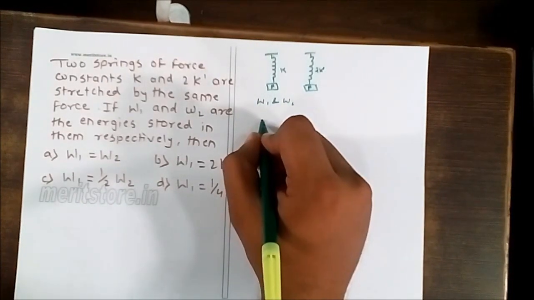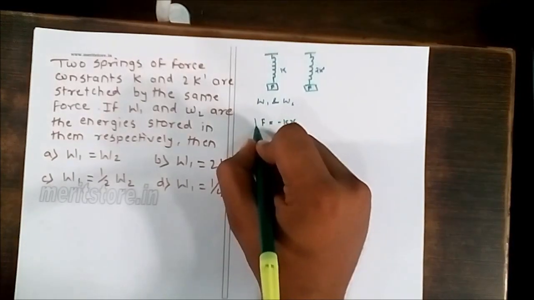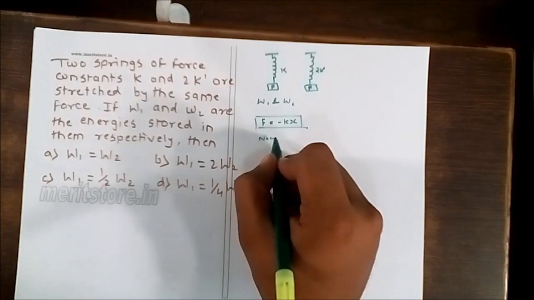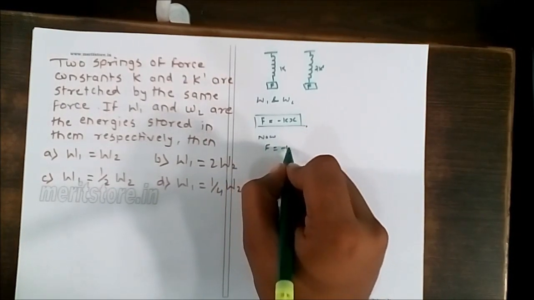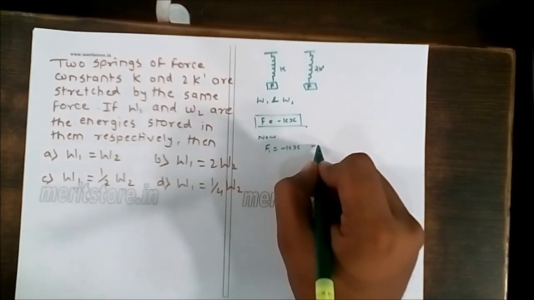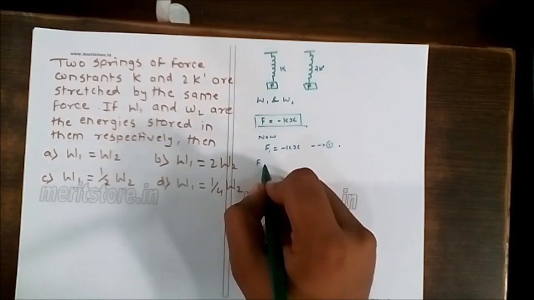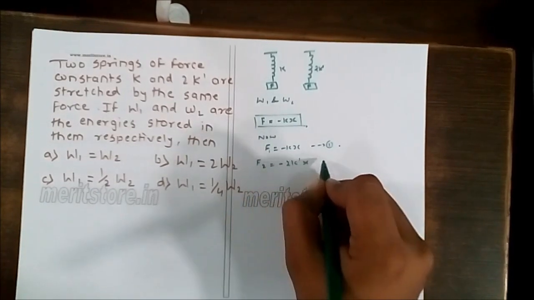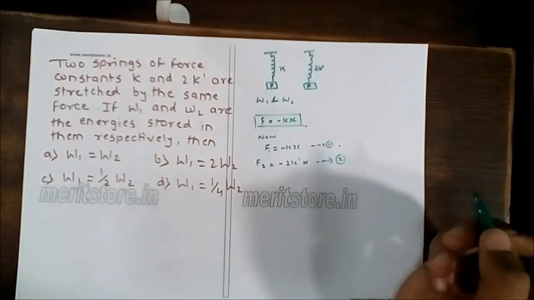Okay, we all know F is equal to minus kx. Now F is equal to minus kx for F1 is my equation number 1, and F2 is equal to minus 2k dash x. This will be equation number 2.